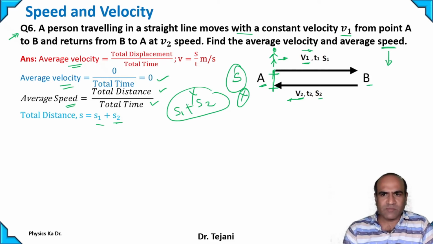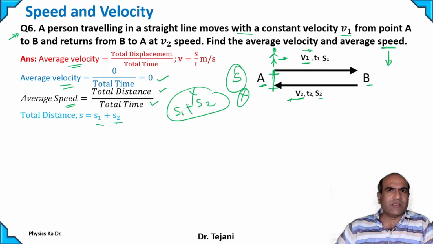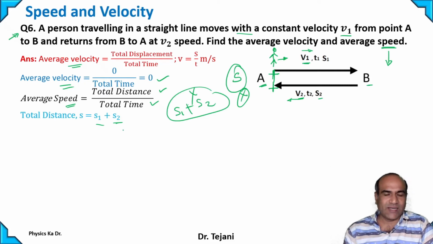Total distance means the person moves from A to B and returns from B to A. Say for example, if you travel from Ahmedabad to Delhi, 1000 kilometer, and you return back to Ahmedabad, again 1000 kilometer, your total travel is not 0 kilometer, it becomes 2000 kilometer. That is the principle we need to consider here.